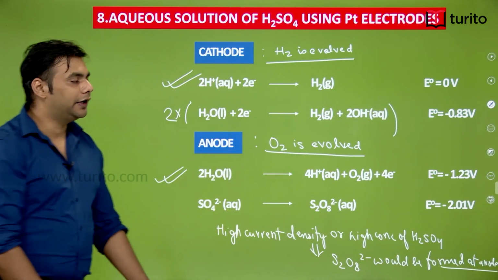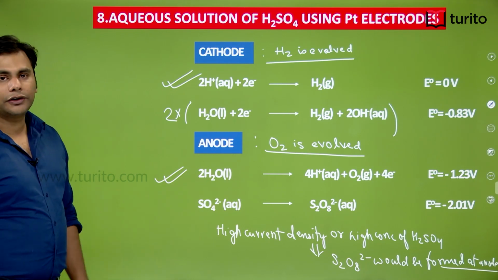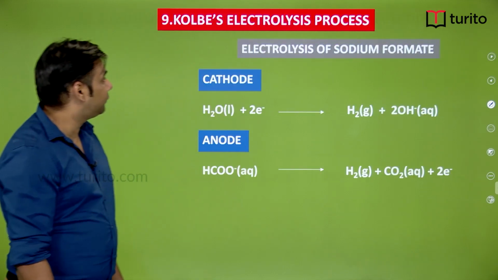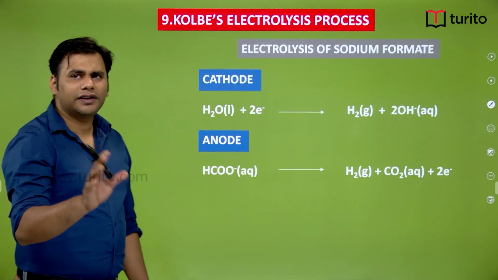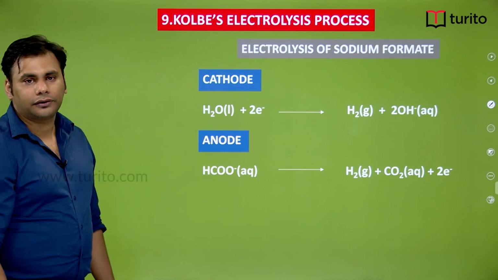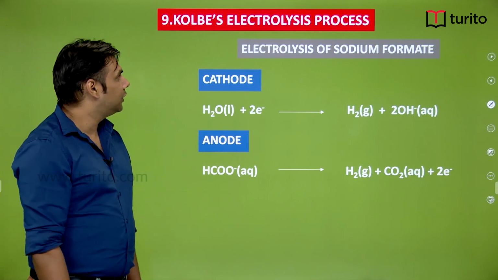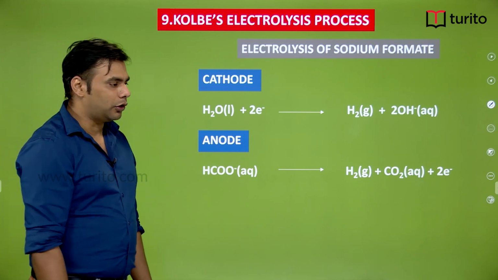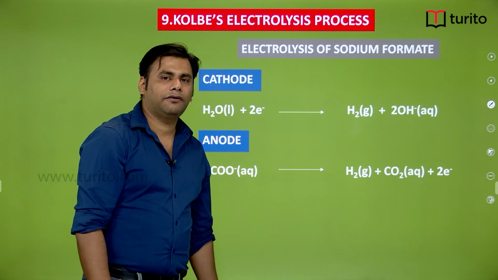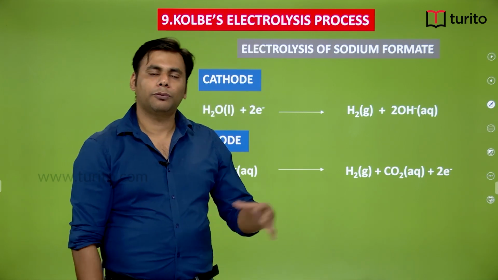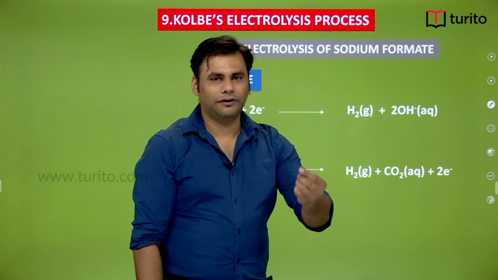Okay, I hope this is clear to you. I hope you have understood this well. There was one coal-based electrolysis process that I wanted to discuss. Anyways, I am going to discuss it tomorrow. I think there are some doubts that you have posted over there, so I will take up those doubts. Tomorrow we are going to start with Faraday's first law and Faraday's second law, and we are basically going to do a lot of problem solving, because Faraday's laws are very small.